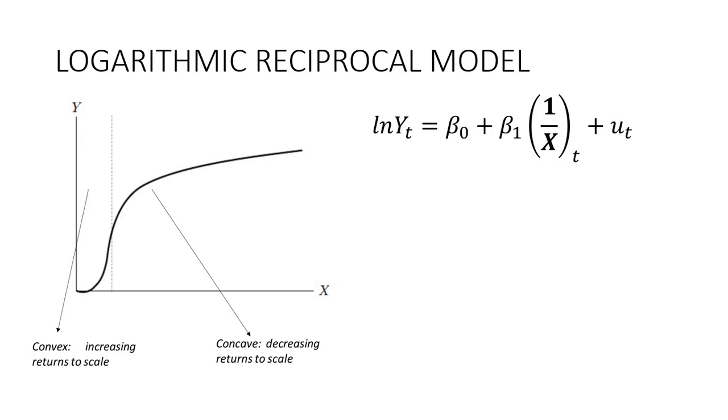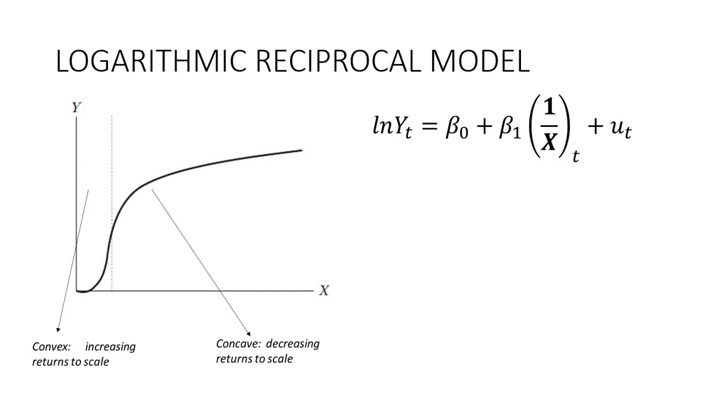Of course, after some critical level of production is achieved, each additional unit of input will be less and less helpful. I mean, the marginal productivity of each additional unit will be smaller and smaller, but nevertheless, an increase in input will always be accompanied by an increase in output. There is no way to decrease output by increasing input.